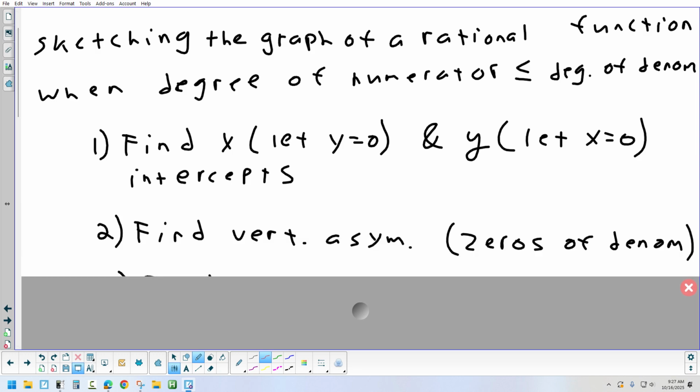The other thing that we want to find next are the vertical asymptotes. Vertical asymptotes are the zeros of the denominator as long as what? When would a 0 of the denominator not be a vertical asymptote?